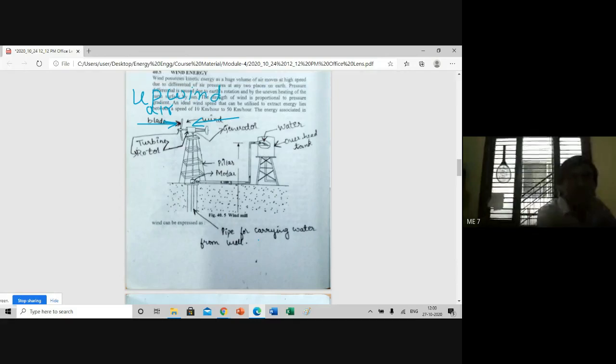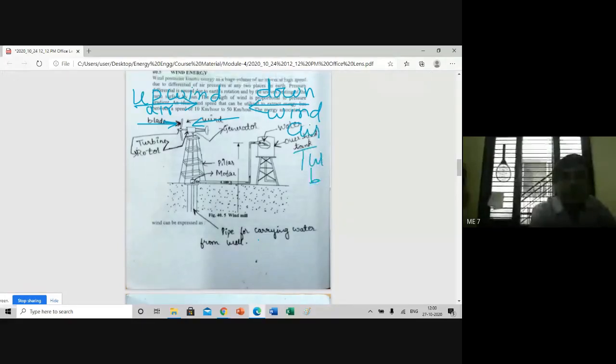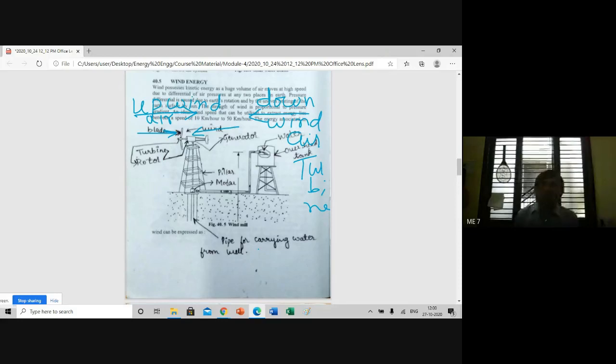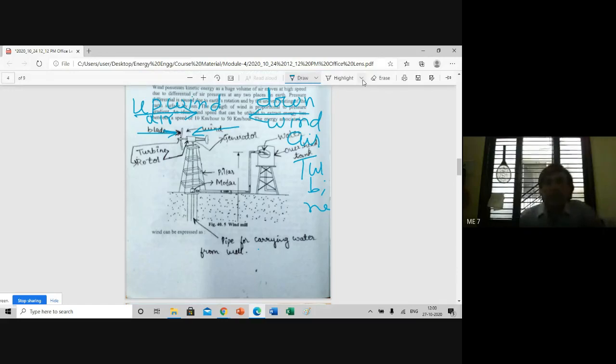Upwind is in this direction. This is downward, downwind. Downwind air turbine. It depends upon the shape of the wind turbine blade, the aerofoil section.